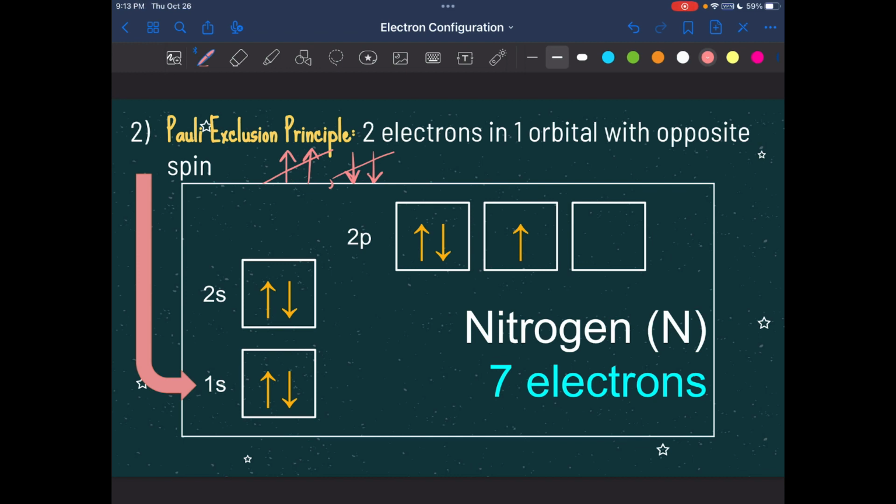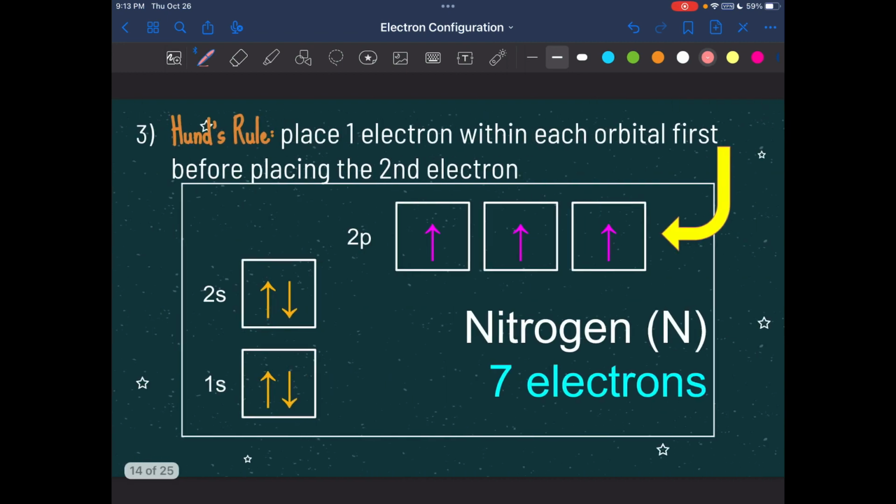Now, if we move on to the next section, as you guys can see, the 3 boxes right here, something is wrong with it. We mentioned something before, and what is that rule called? Well, the rule was actually called Hund's rule. Hund's rule said place 1 electron within each orbital first before placing the second electron. So in this case, since we want 7 electrons in total, we already have 1, 2, 3, and 4.